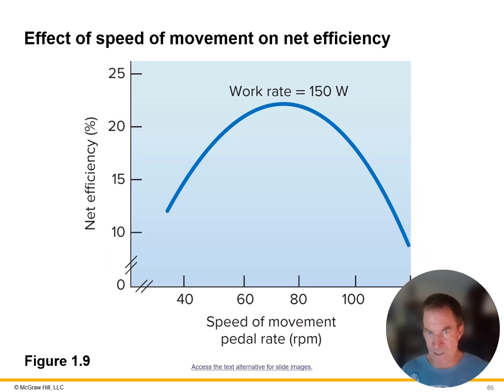And again, same thing here. Interestingly, though, there's an optimum. Whenever you look at what they call inverted U curves, know that they're speaking of an optimum, meaning too little or too much is not going to hit your peak. In this case, we'll go with 75, the pedal rate.